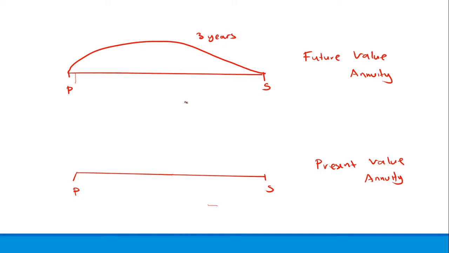What is the annuity? It means the periodic payment or periodic investment. Let's say you put 10 ringgit every 1 month until 3 years. At the end of each month, or the middle of the month, you start to pay 10 ringgit for your saving.